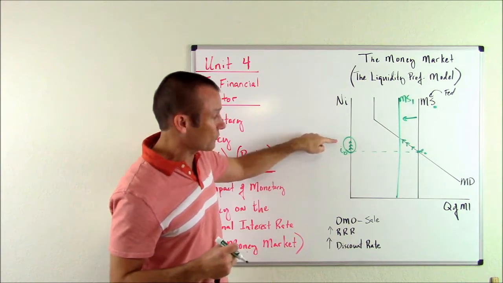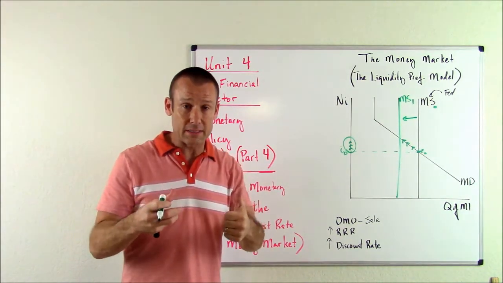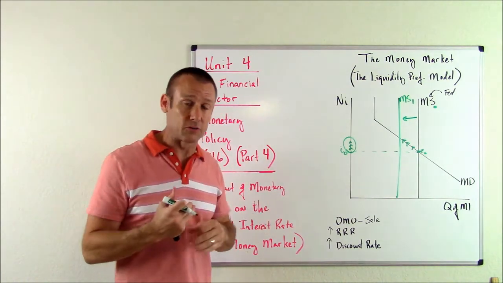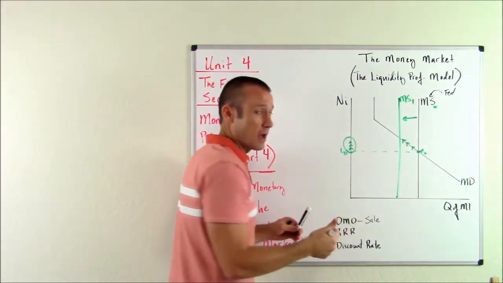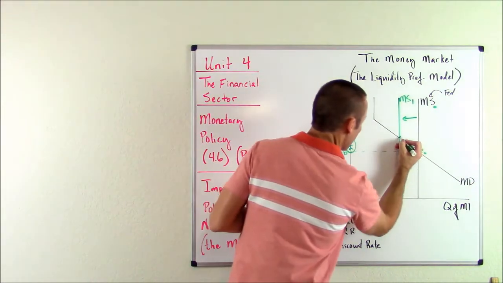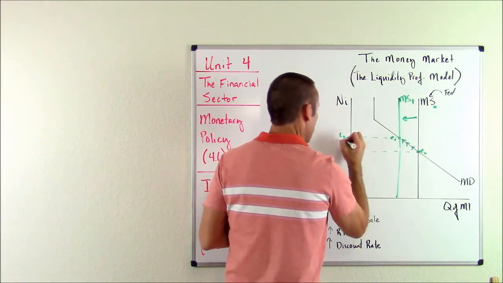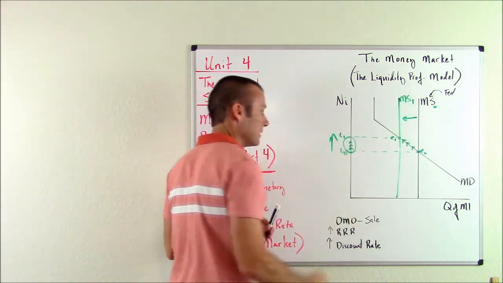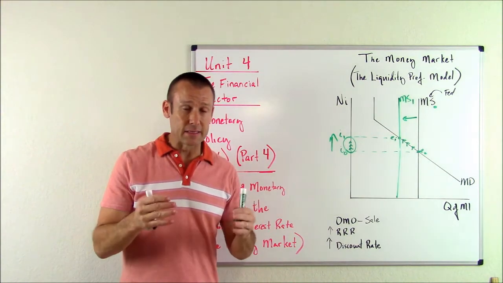So when that nominal interest rate goes up, that's the cost of me holding my assets in M1 form, and so I'm going to hold less of my financial wealth in M1 form. So that's what's going on. We're moving to the left along that curve, moving to our new equilibrium point, and we have our answer also at the same time. Nominal interest rates are going to go up, and that is the main takeaway.